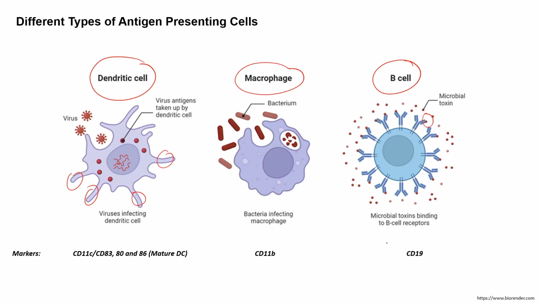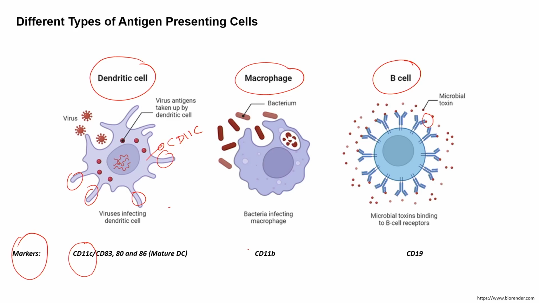So, these markers could be specific for that particular cell type. For example, the dendritic cell population can be identified by the expression of CD11c. This is a specific protein expressed on its surface. So, CD11c is a very specific, generalized marker for dendritic cells.